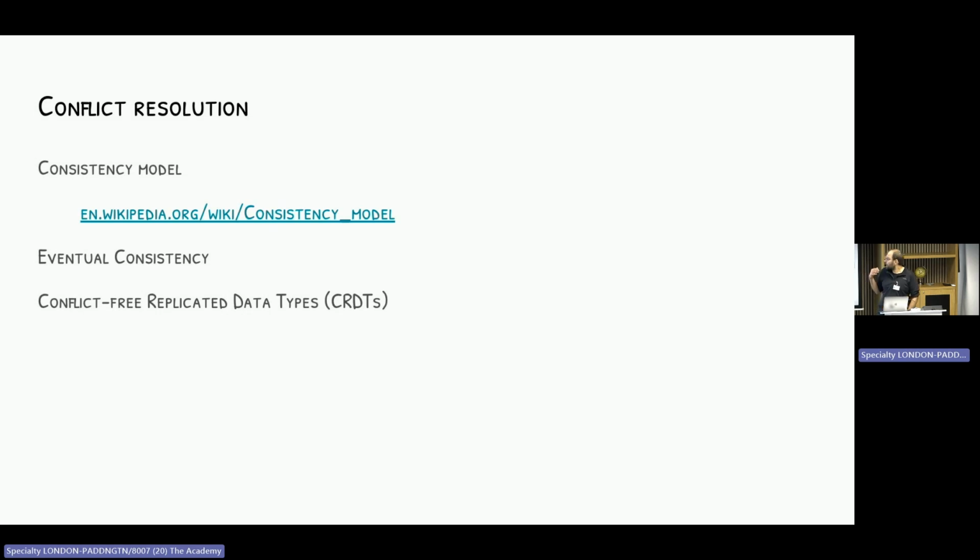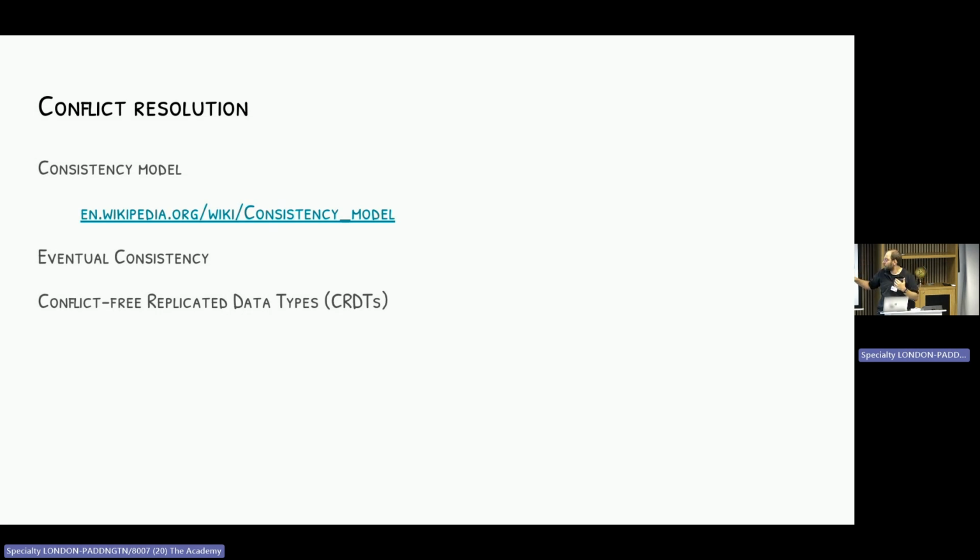So you can implement a consistency model. Eventual consistency means that the states are not always consistent in real time, but there is a set of rules of how concurrent operations would be merged, which guarantees that, independently of the order in which the messages arrive, the end state will be the same on all the clients.